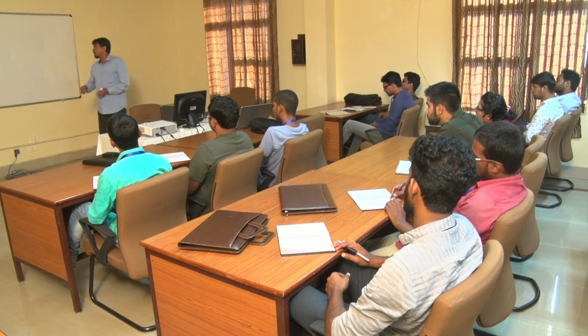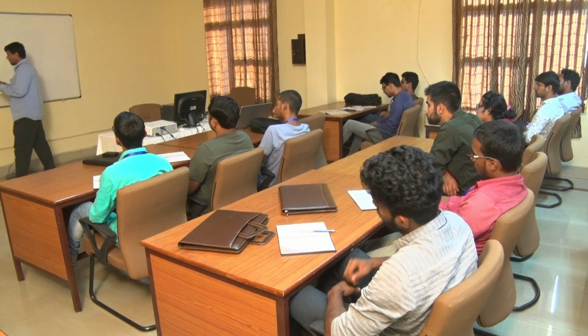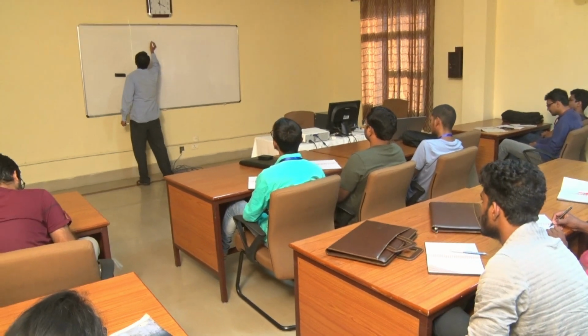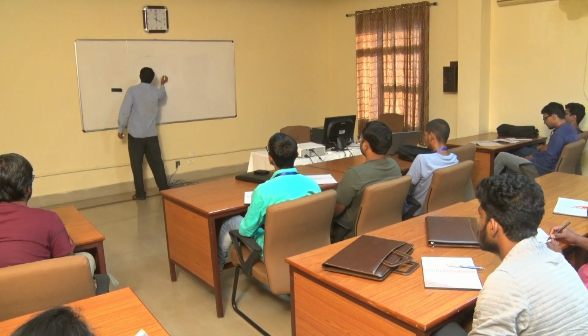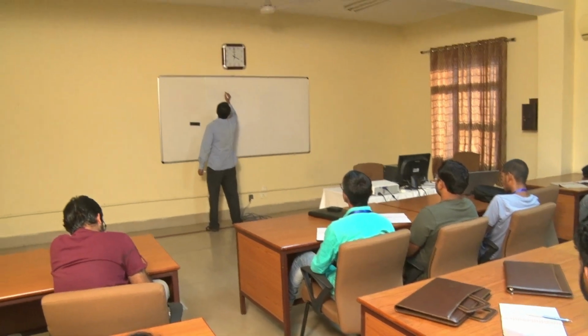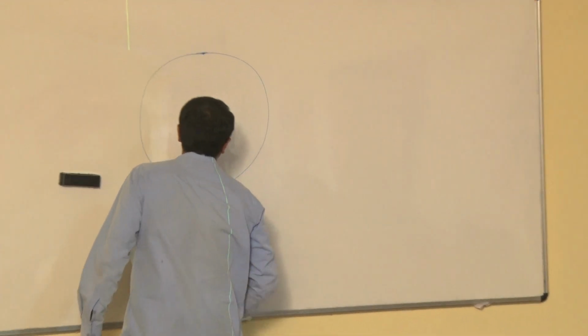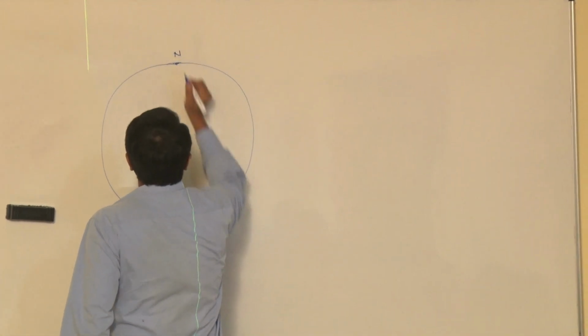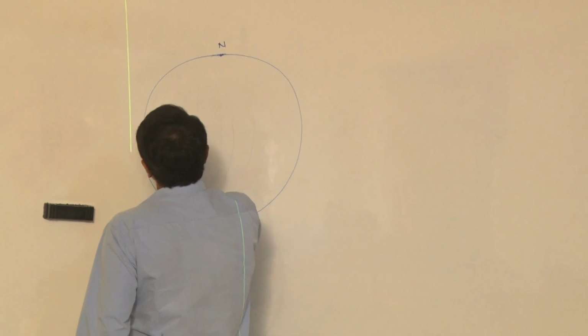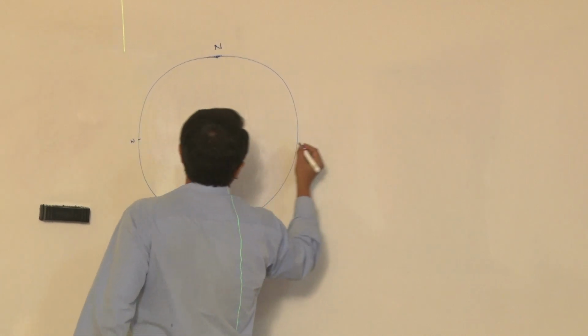So there is some procedure to draw a stereonet. There is a set procedure for the equal area stereonet we are considering. It is north, south, west, east.